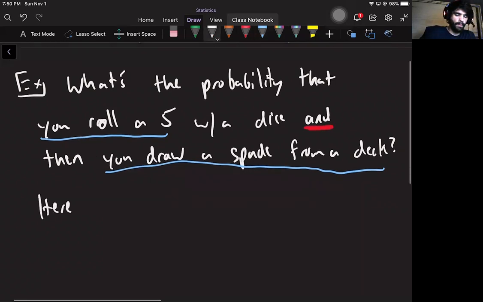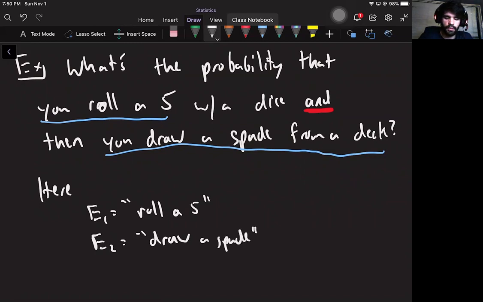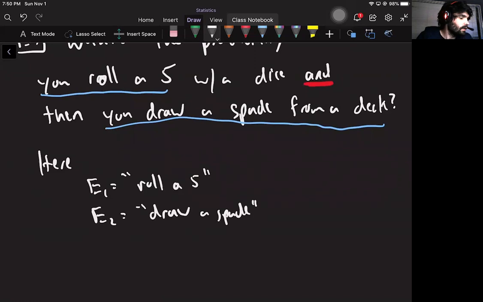Okay, so here, if I want to think about it using this fancy notation, I call events E, then I'll call this one E1, roll a 5, and E2, draw a spade. So of course, from a deck, I'm just shortening it. I'm rolling a 5 with the dice.